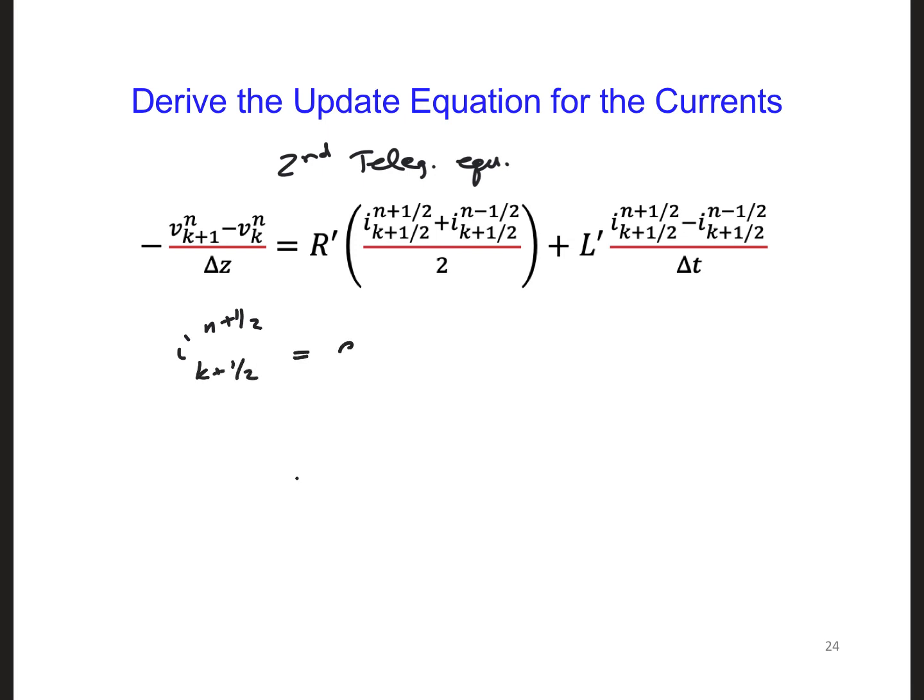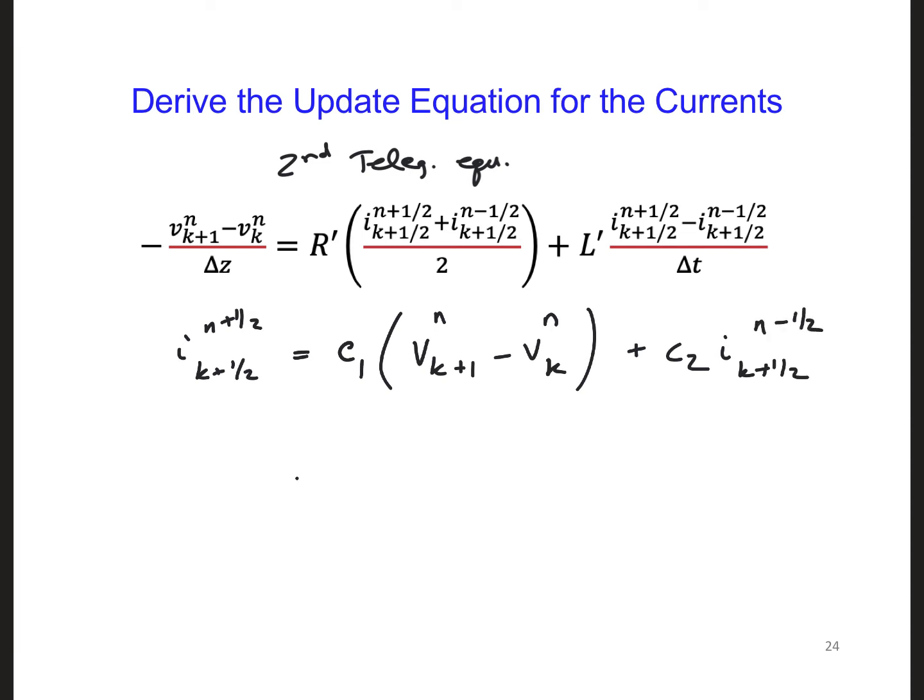We're going to get something of the form where we have C1, a coefficient, times two neighboring voltages at time step n. And then we can have another coefficient times the current at one time step earlier.